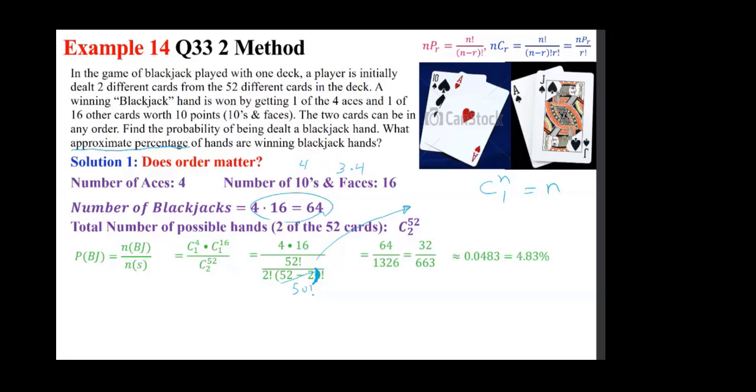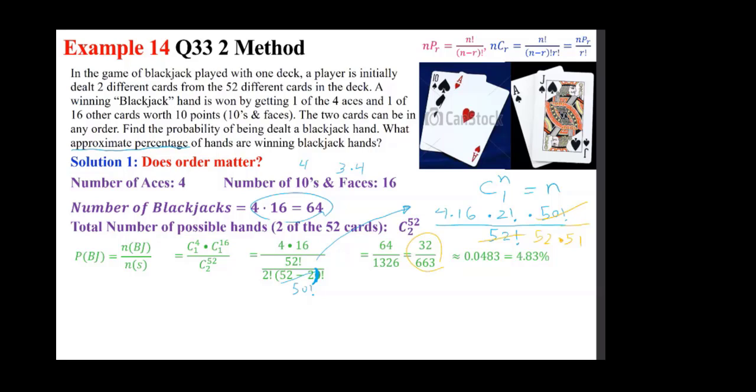The top is 4 times 16 times 2 factorial times 50 factorial, over 52 factorial. See that this can be simplified: the 50 factorial cancels, and it changes to 52 times 51, and now you simplify and you end up with this fraction.